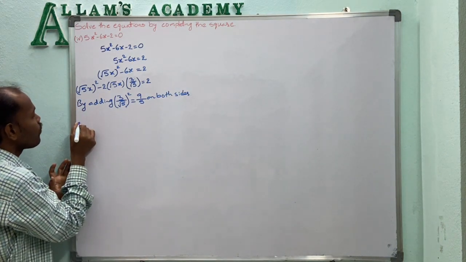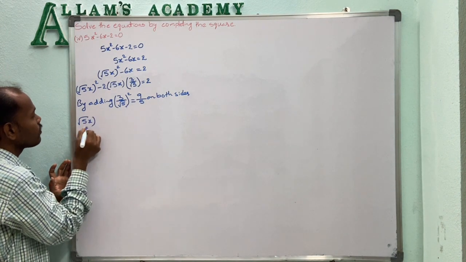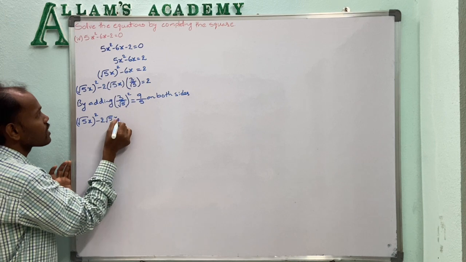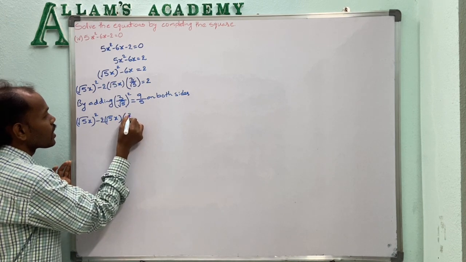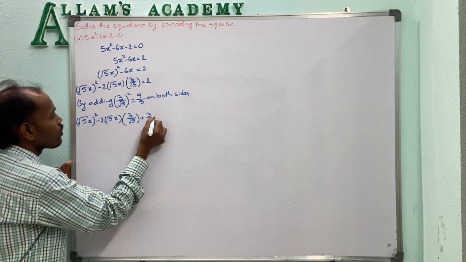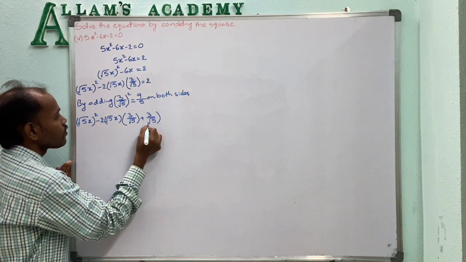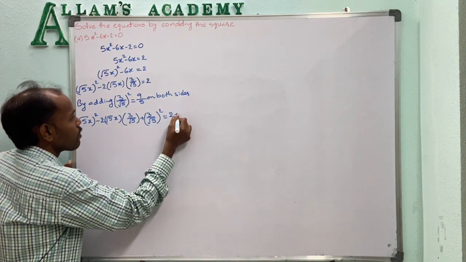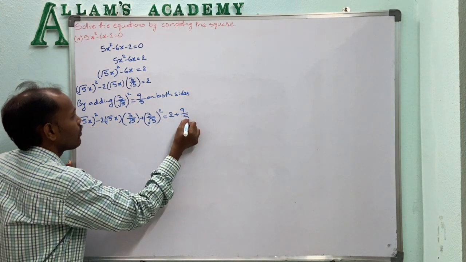Now (√5x)² - 2 into √5x into 3/√5 + (3/√5)² = 2 + 9/5.